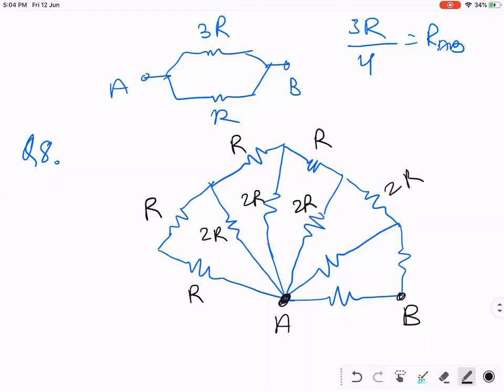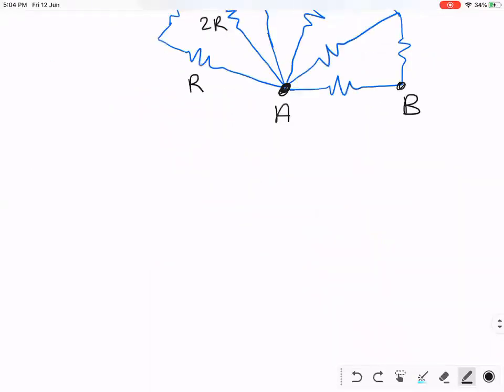We started solving from as far as possible from AB, right? Right or wrong? Yes, sir. Understood? Like this. Now let's move towards our next question.